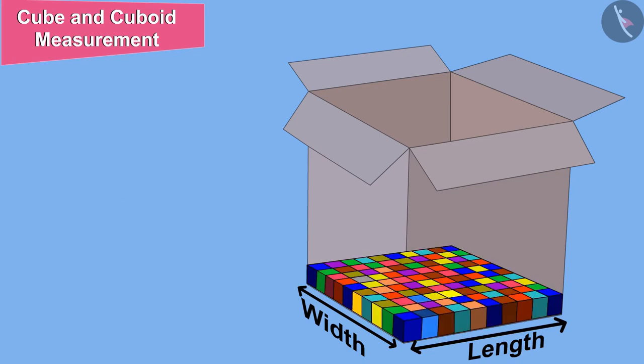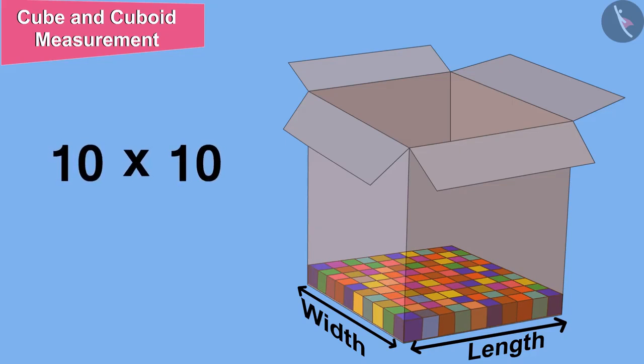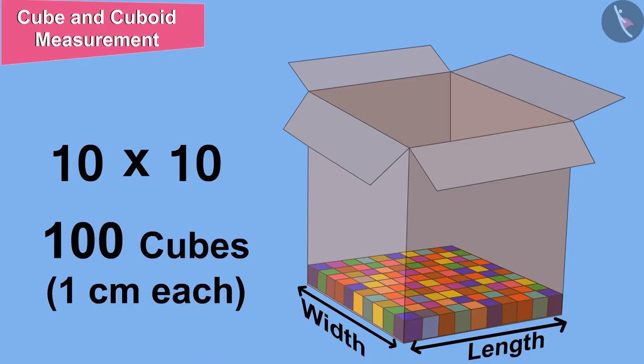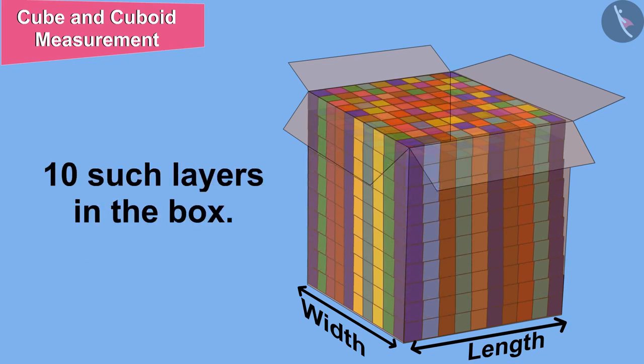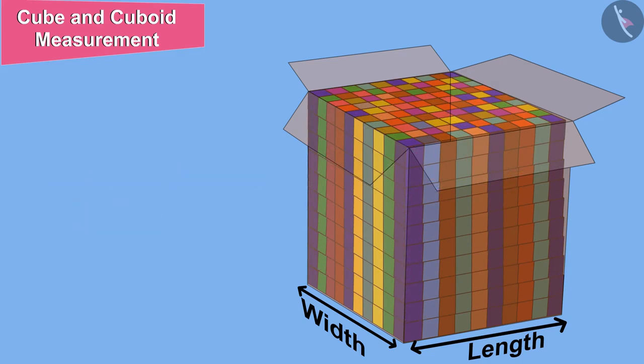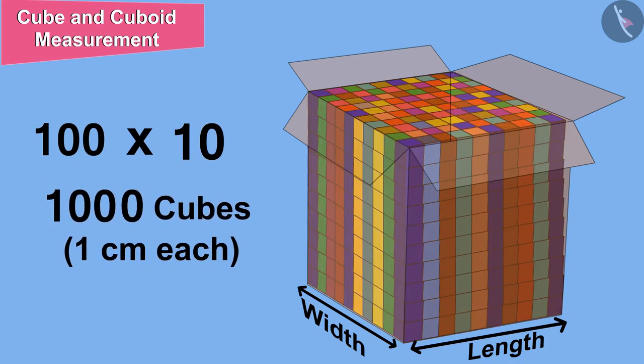It means one layer will have 10 times 10 or 100 cubes of dimension 1 centimeter each, and there will be 10 such layers in the box. It means this cube-shaped box will contain 100 times 10 or 1000 cubes of 1 centimeter dimension.